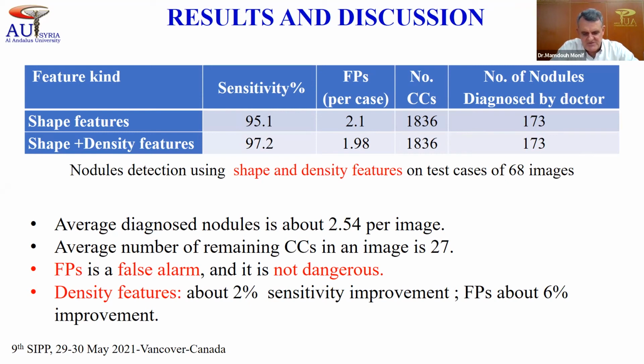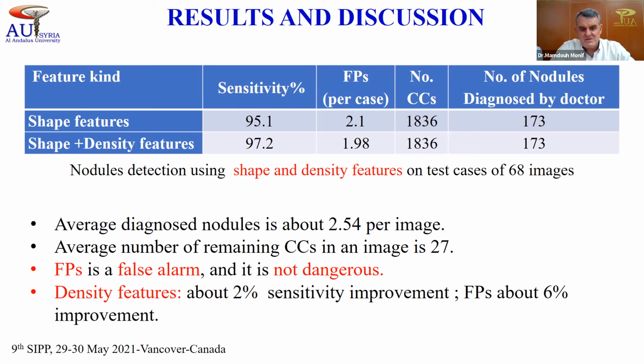FPs, our false positives per case, was 2.1 when we used shape features, the number of CCs, connected components, was 1,836, and the number of nodules diagnosed by the doctor was 173. When we used shape features plus density features, the false positives improved to 1.98, with the same number of CCs and the same number of nodules diagnosed by the doctor.